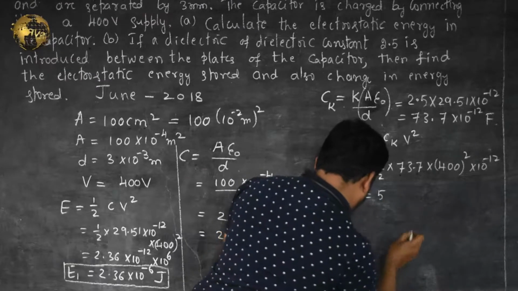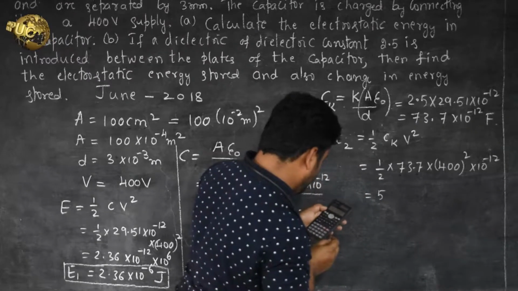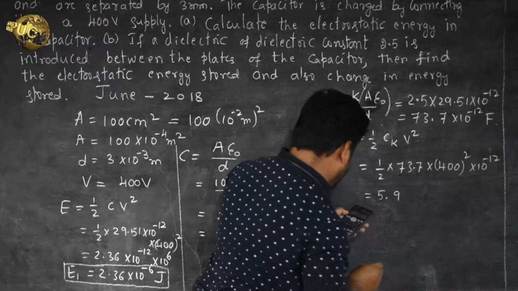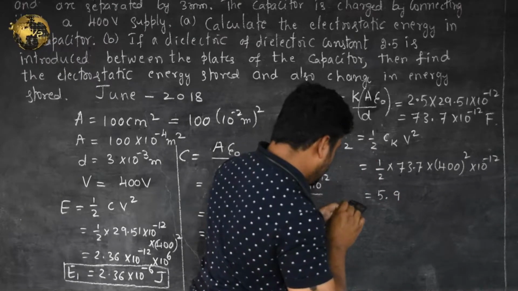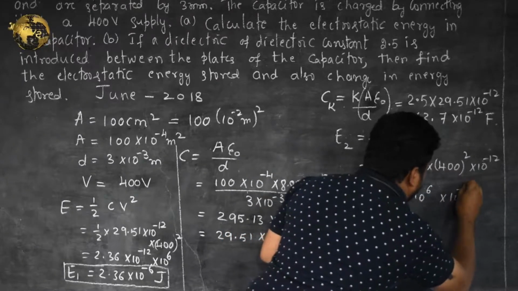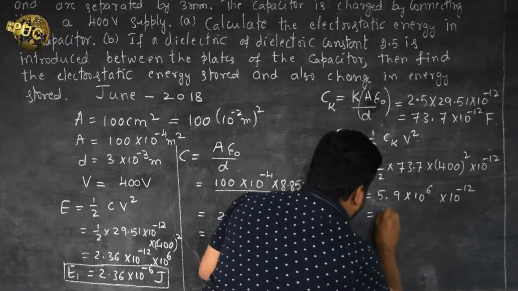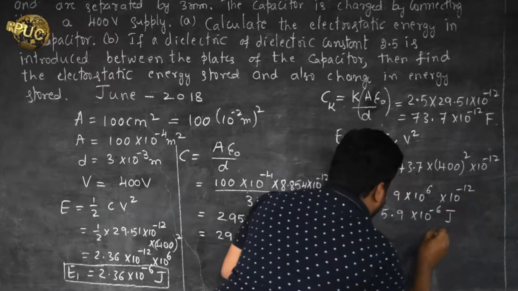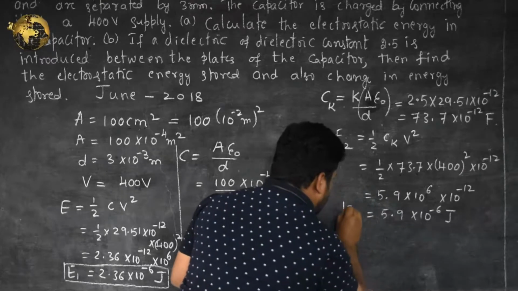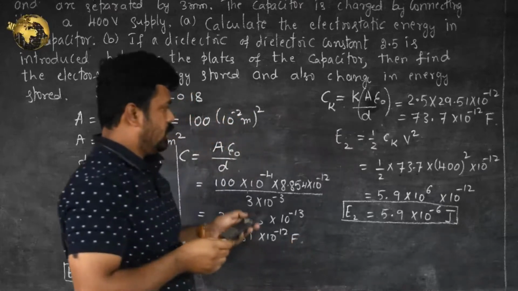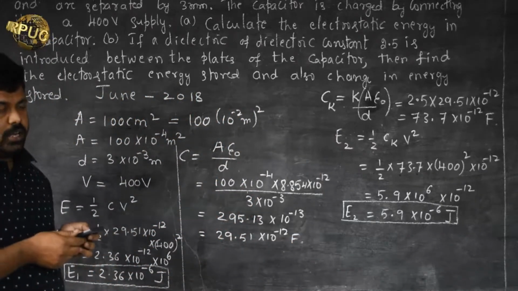I can write this as 5.9 into 10 to the power 6 into 10 to the power minus 12. So we get 5.9 into 10 to the power minus 6 joules, that is E2. So we calculated the energy stored in the capacitor when a dielectric is introduced.